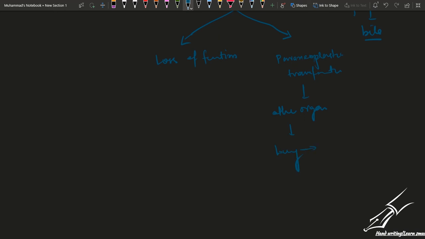In the carcinoma of lung, they secrete hormones like ACTH, parathyroid hormone, glucagon and insulin.